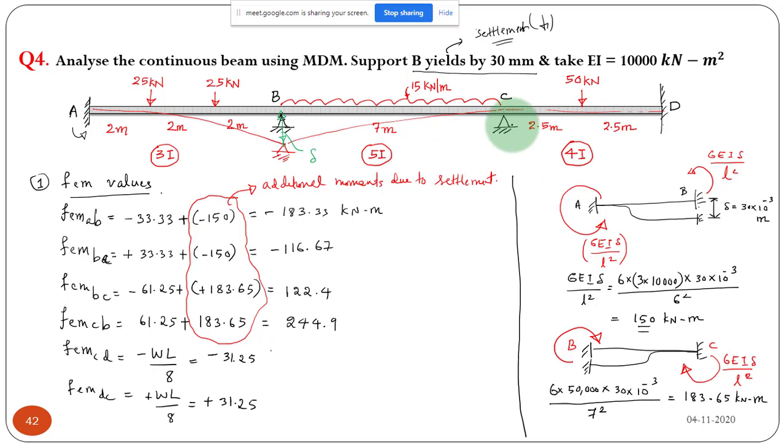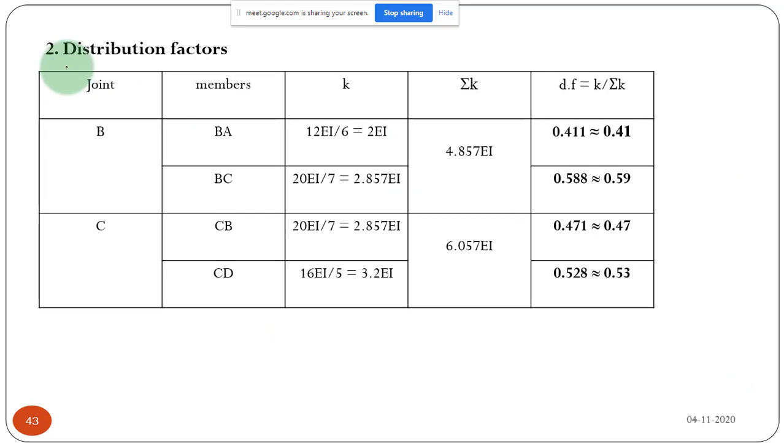If you take joint C, for span CB the far end is continuous, and for span CD the far end is fixed. So 4EI by L, substitute the corresponding I value and length of the beam, and get the distribution factor. That is the second step.